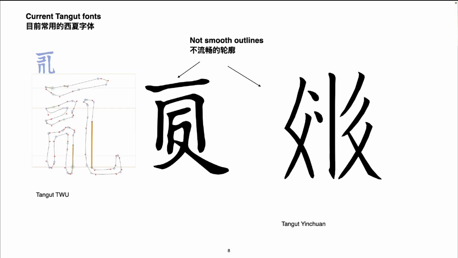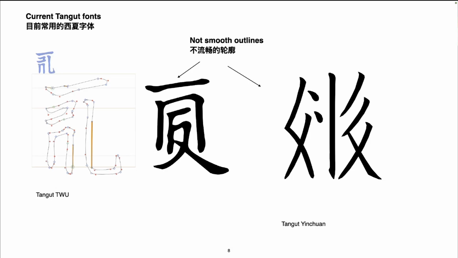However, most of them are directly scanned from the handwritten form, so you can see the outlines are not very smooth. Despite this problem, a key problem still remains. Although Tangut has rich archival materials, it lacks a continuous typographic evolution, and there are no native Tangut people. This means every design decision involves interpretation based on the understanding of the archival documents.